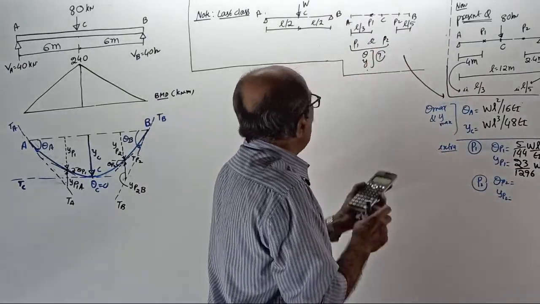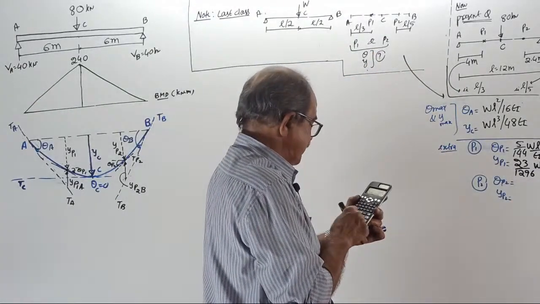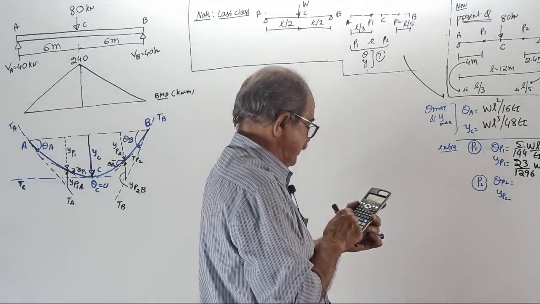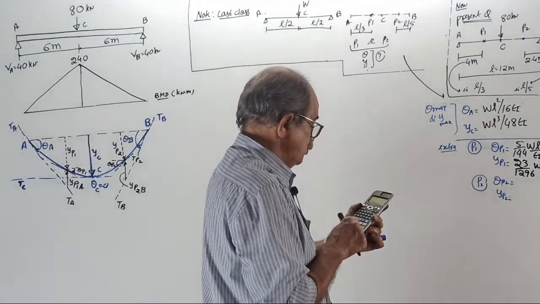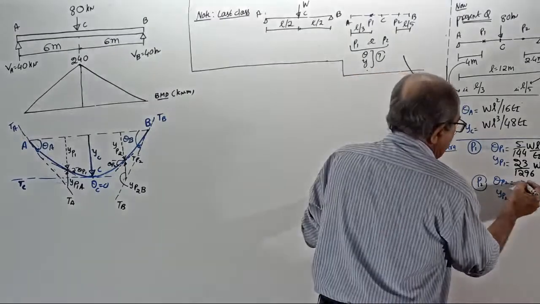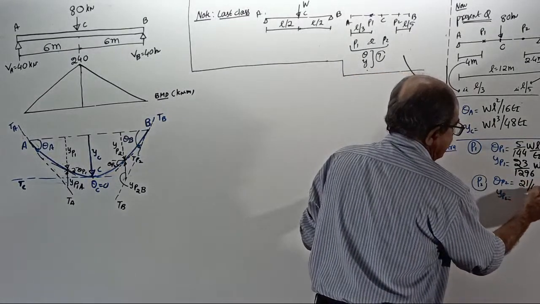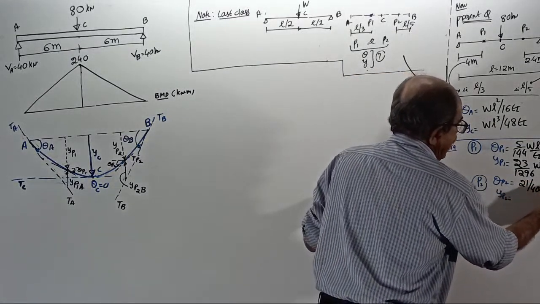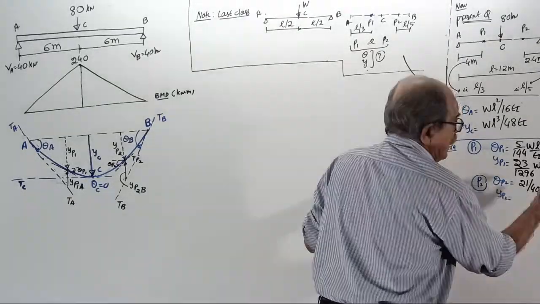And at the other point P2, the slope came as 1 by 16 into minus 1 plus 0.5 into 0.2 square divided by 2. That's all: 21 by 400 WL square by EI.